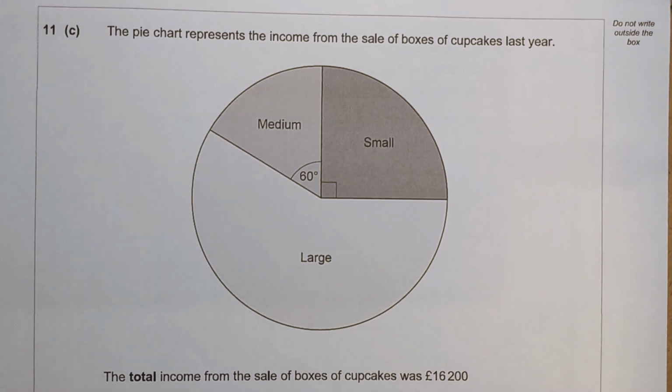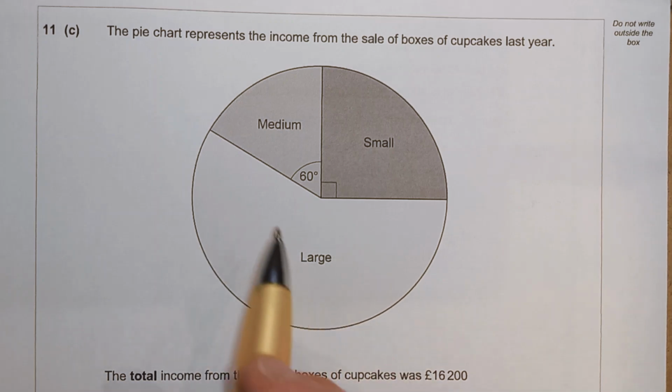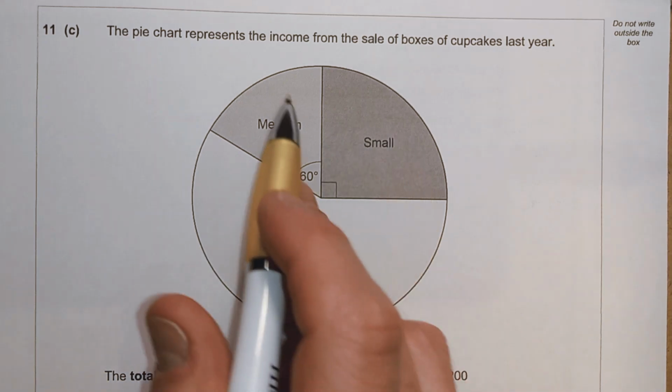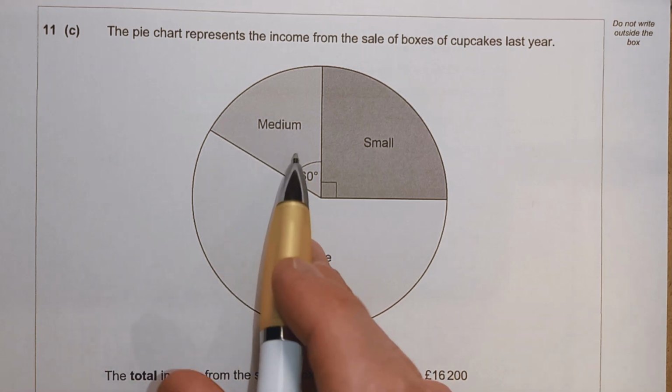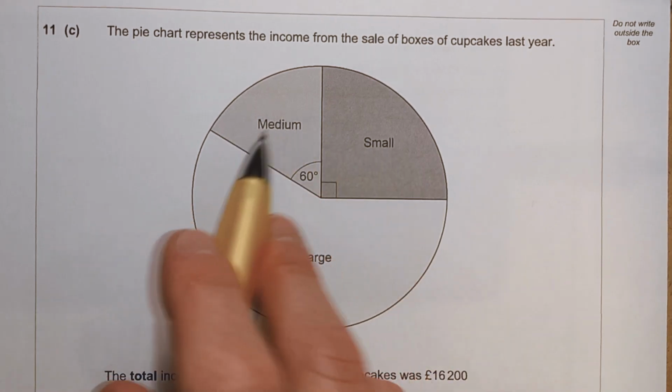11c. The pie chart represents the income from the sale of boxes of cupcakes last year. So the biggest section was the income from the large boxes, then the small boxes, and medium gave us the smallest section. A bit confusing because we got small is a medium and medium is small.